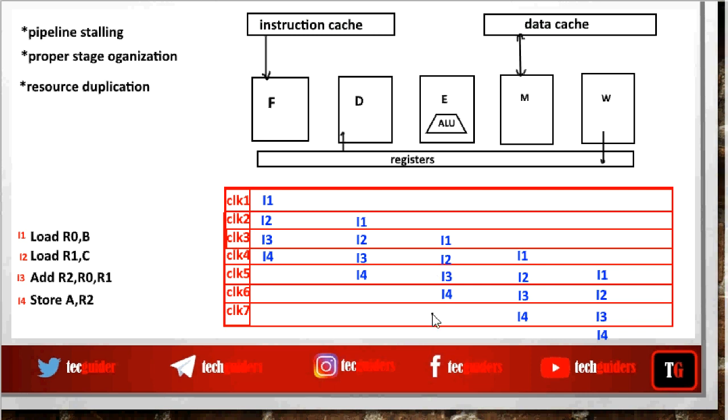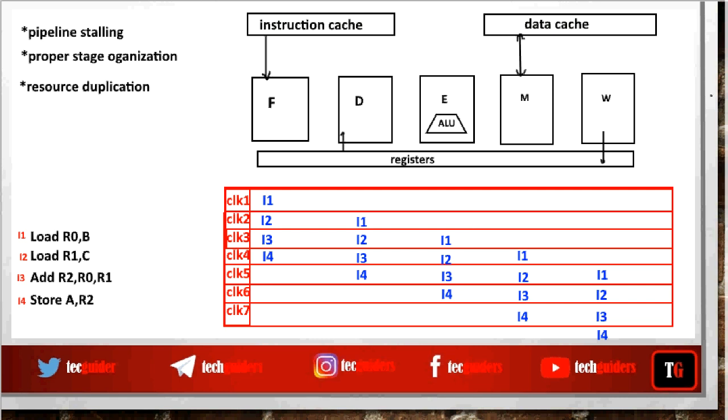So another way of solving structural hazard is resource duplication. Here also the dependency is removed, as a result the hazard will never occur. And here we focused on memory, but the structural hazard can be caused by any hardware or resource. In any case, resource duplication can be used if the cost is not an issue.